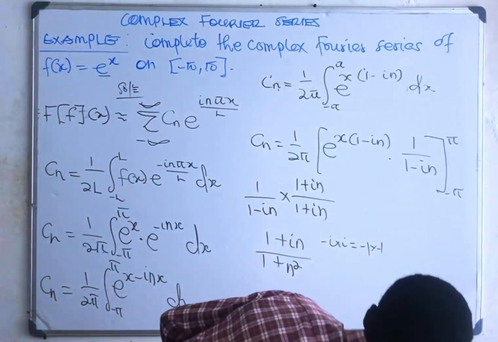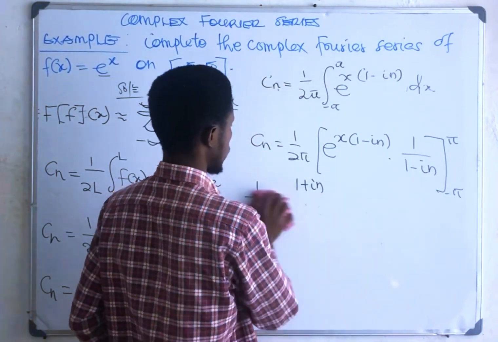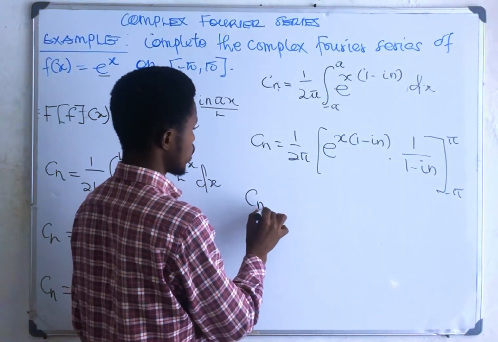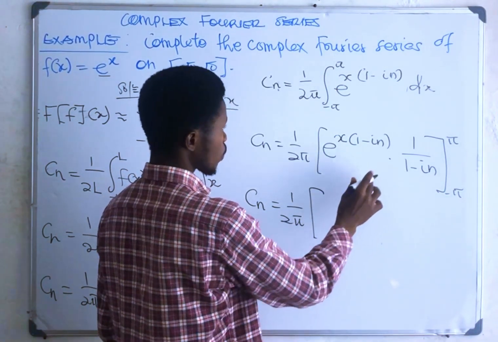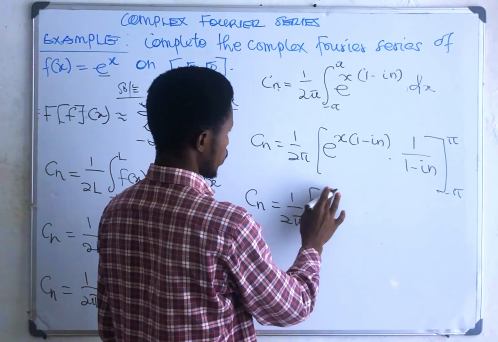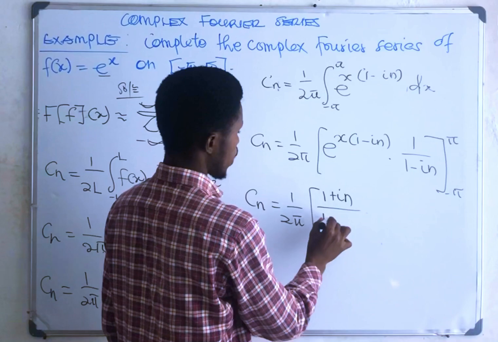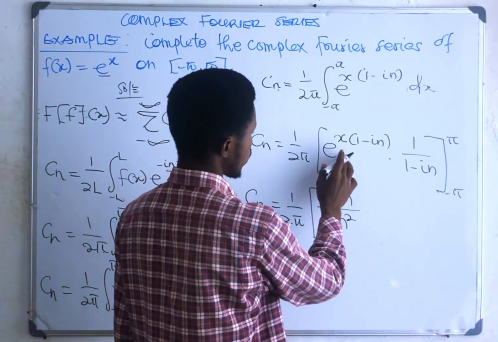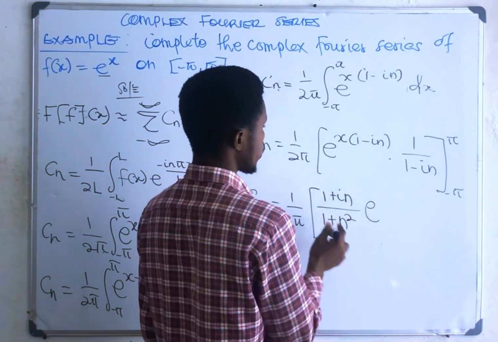Okay, so let me clean this side. So after conjugation, this is why you have Cn equals 1 over 2 pi, 1 plus i n over 1 plus n squared. Then this side is going to be e.